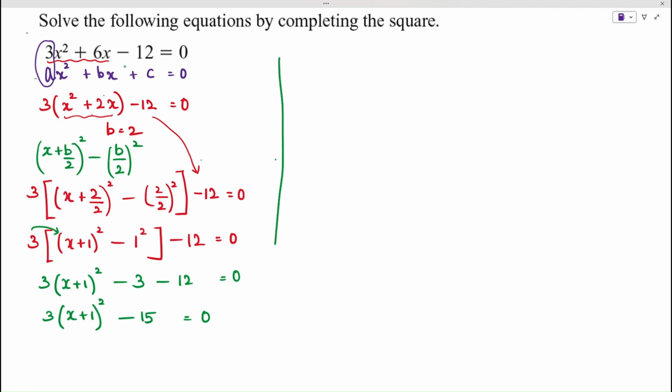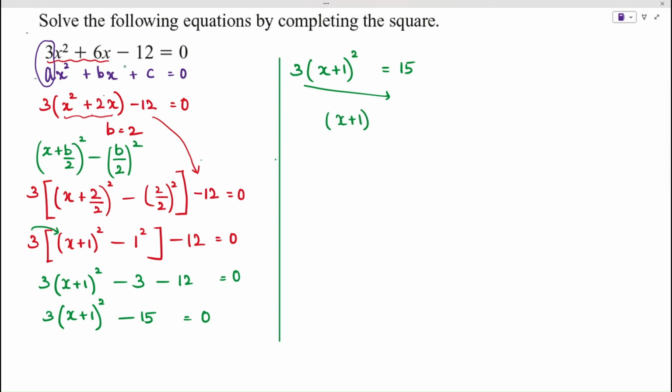And now we can start to rearrange our equation. The first thing that we're going to do is move 15 to the right hand side. So we get 3 times x plus 1 the whole squared is equal to 15. And we move our 3 to the other side, and we get x plus 1 the whole squared is equal to 15 over 3, which is equal to 5.